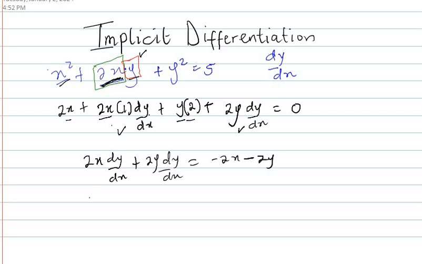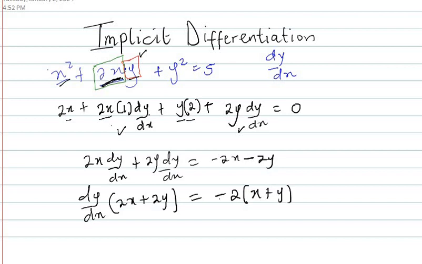Then we factor out dy/dx: dy/dx times (2x plus 2y) is equivalent to minus 2 times (x plus y), by factorizing the 2.